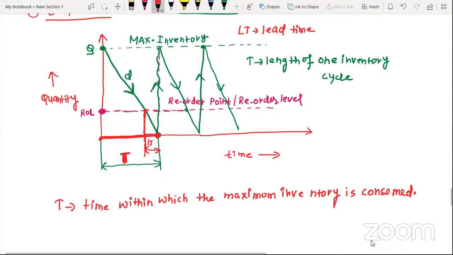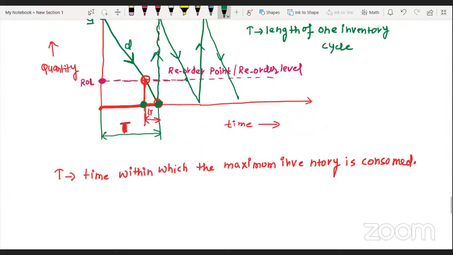And what is the lead time? LT we can define as the time period between placing a fresh order and getting the previous inventory consumed. At this point you are placing the fresh order, and here you are consuming the previous inventory.